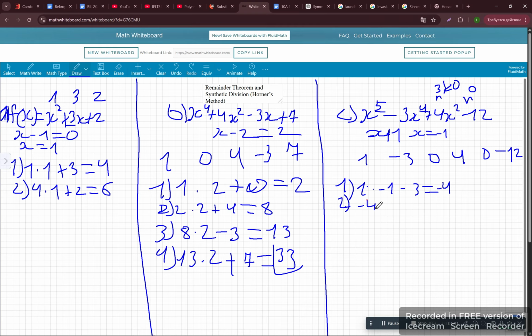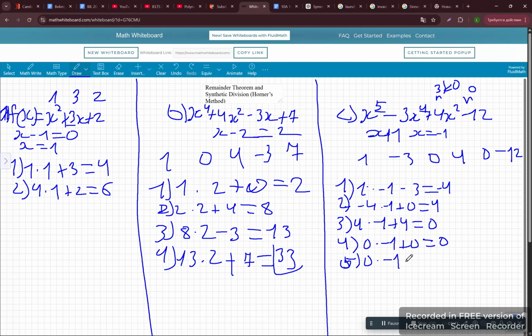Second step, minus 4 multiplied by minus 1 plus 0 will be 4. 4 multiplied by minus 1 plus 4 is 0. 0 multiplied by minus 1 plus 0 is equal to 0, and 0 multiplied by minus 1 minus 12 is minus 12. So the answer is that there is a remainder of minus 12.